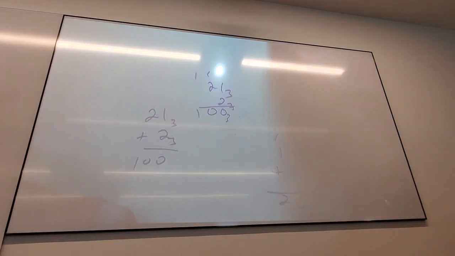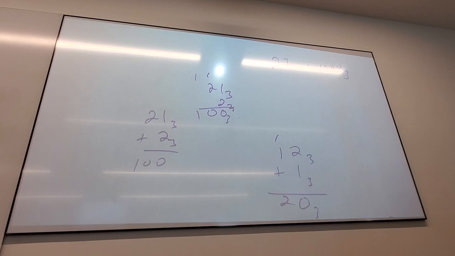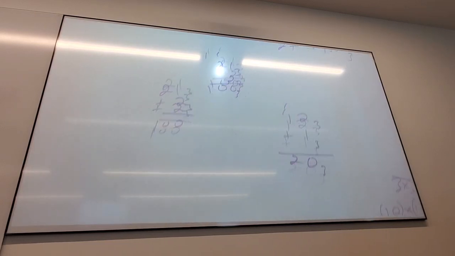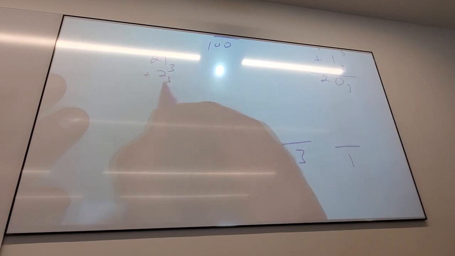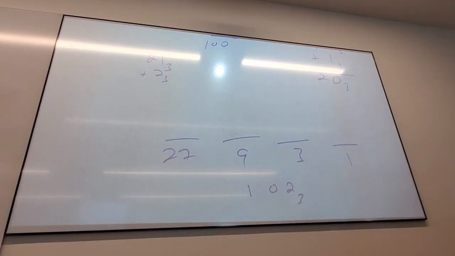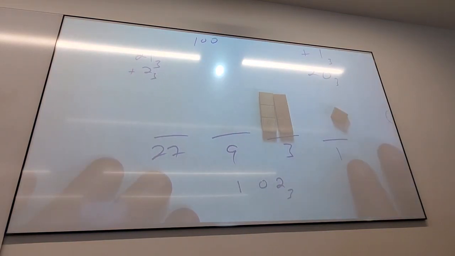Let's do that problem again, real quick. Let me write the problem again. I want to do 2, 1 base 3 plus 2 base 3, right? Is that cool? So represent 2, 1 base 3. This is so cool. I really want you to see it. Again, it's a physical reality of carrying.